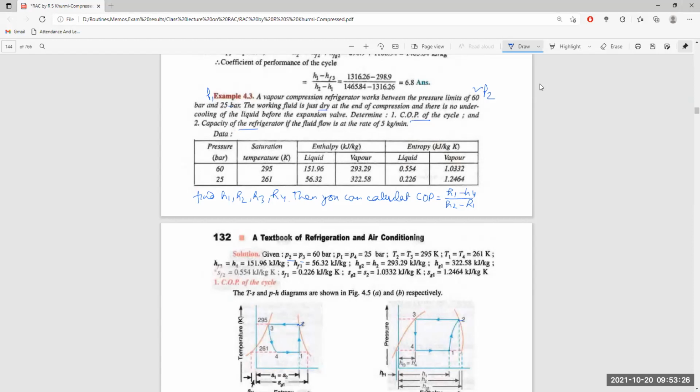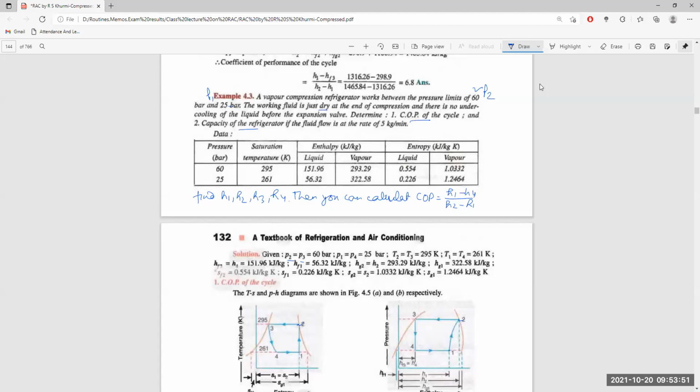P1 and P4 are also on the same line, so P1 is equal to P4, and both are given. Temperatures are given in Kelvin. The higher temperature T2 is given as 295 K, and the lower temperature is given as 261 K itself.